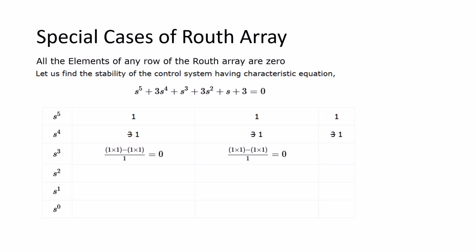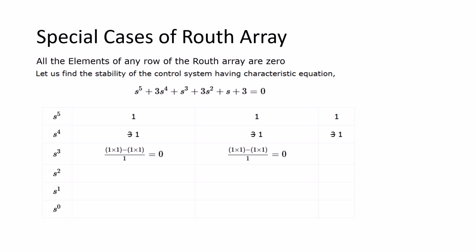Then what do we have to do? We construct the Routh array as already discussed, the first two rows. Once we calculate, we see here that the total row is 0. Both elements of this row are 0.